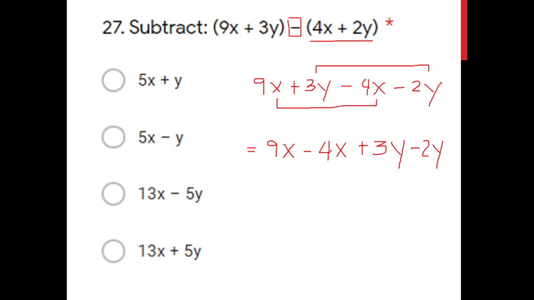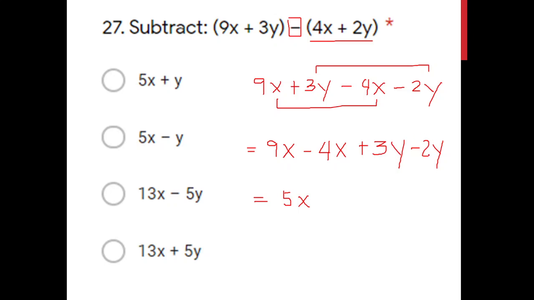And then we can simply combine similar terms. So 9 minus 4, that is 5. We'll just copy the variable because all we do here is simply subtracting. Next, positive 3 and negative 2, so you have unlike signs, so you need to subtract.